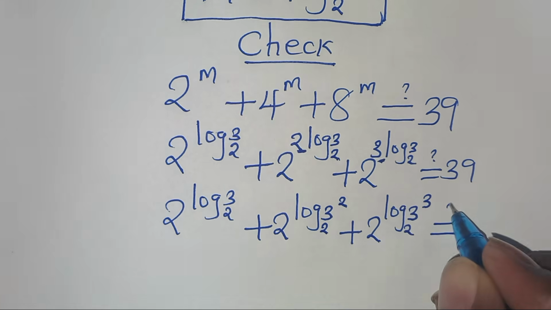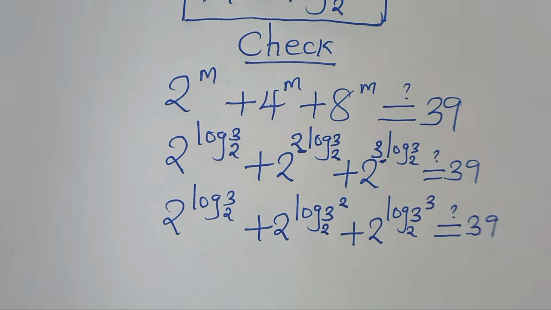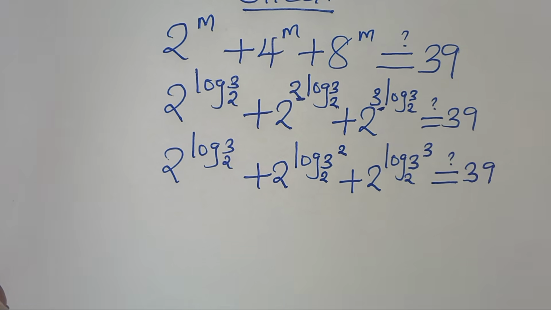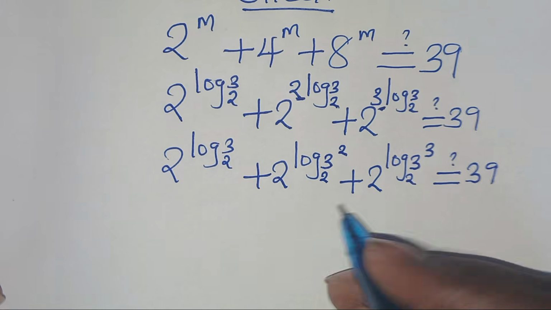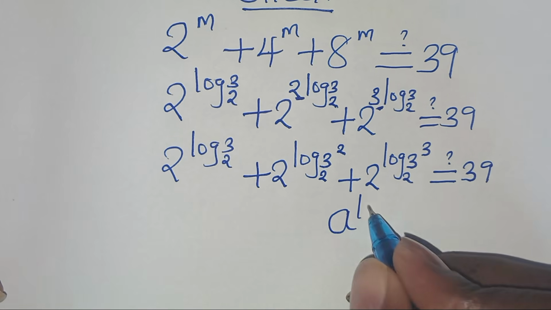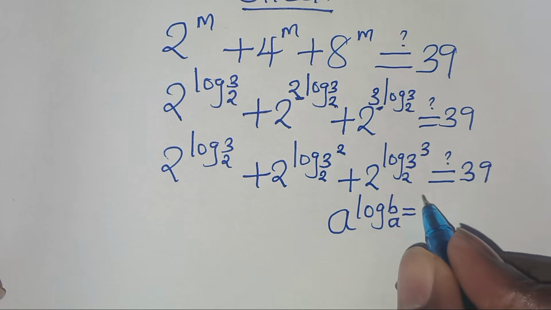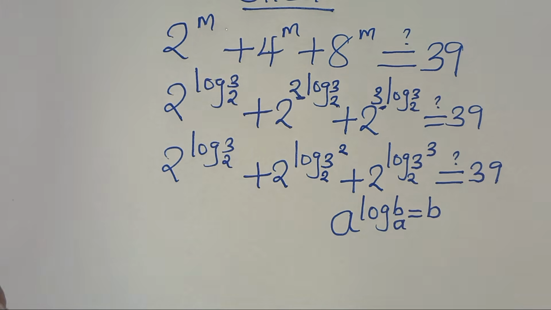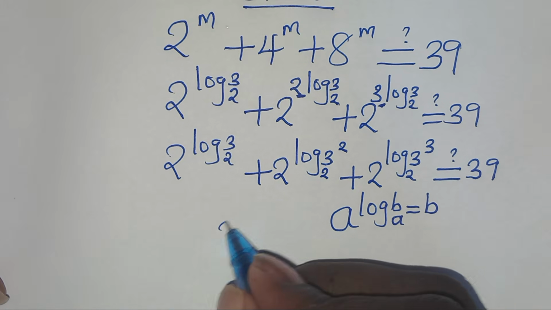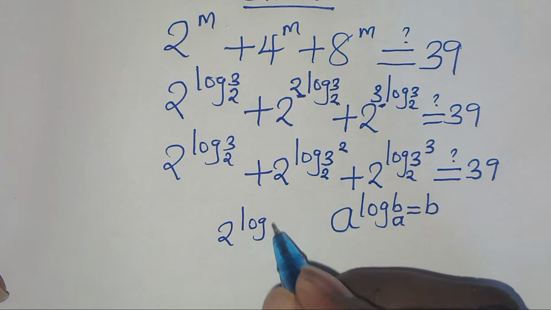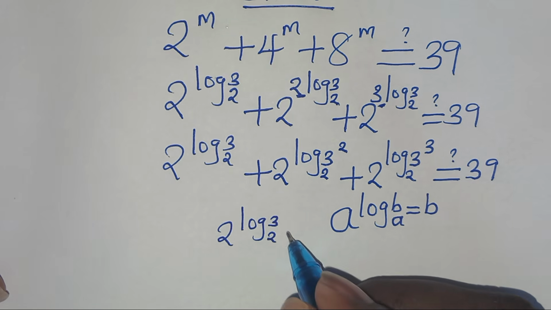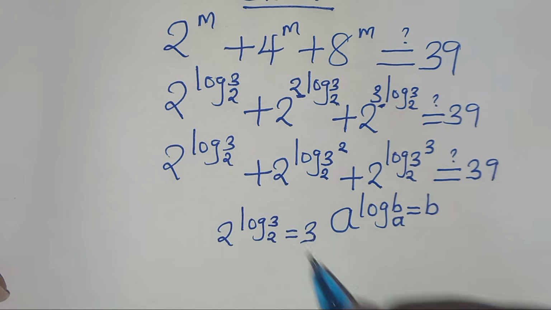This is supposed to give us a value of 39. Now, this is in the form of a raised to the power of log b to base a, and this should give us a value of b. So 2 raised to the power of log 3 to base 2 should give us a value of 3.